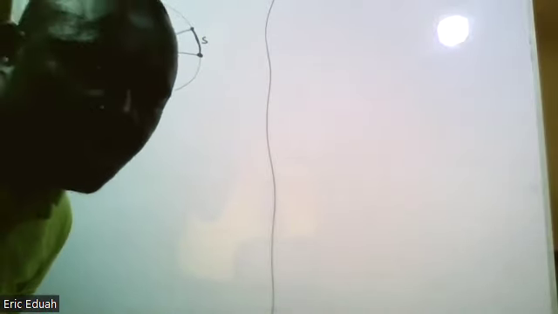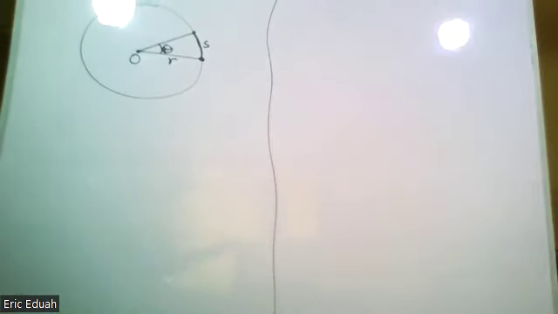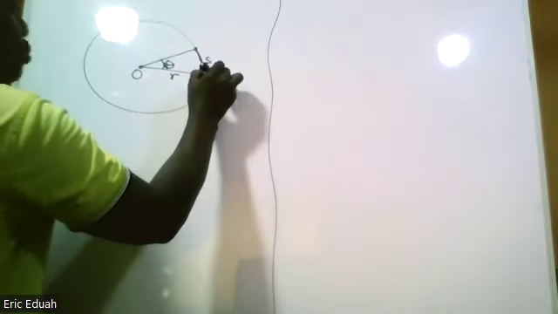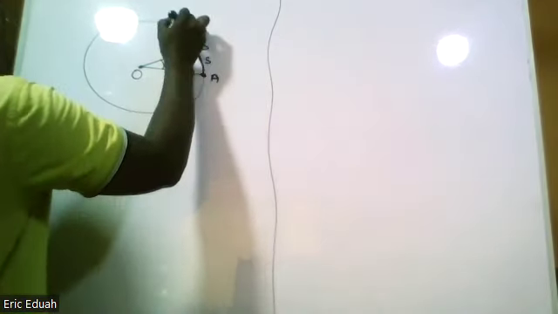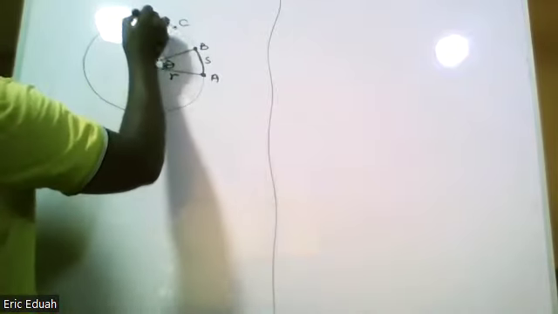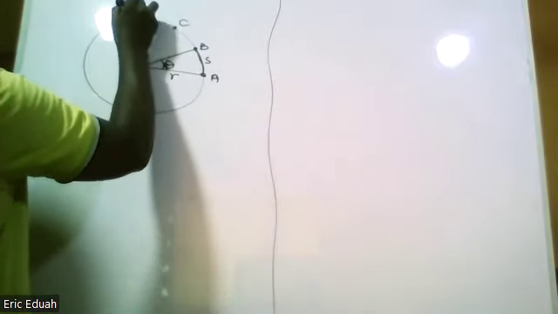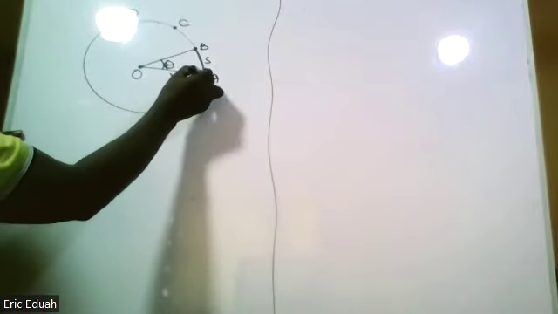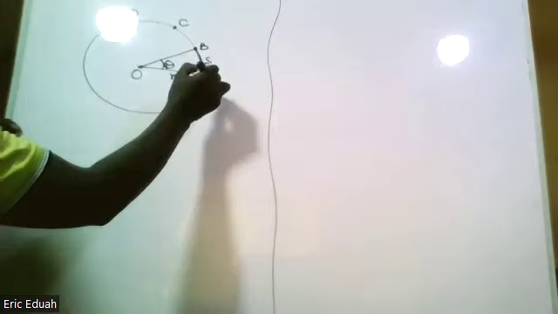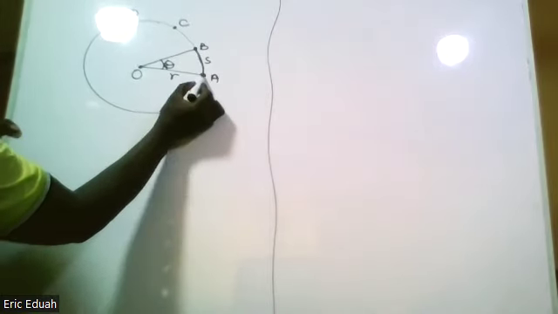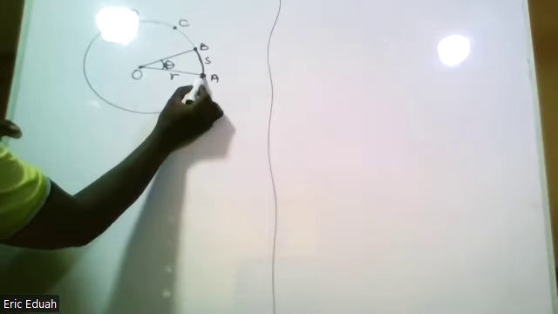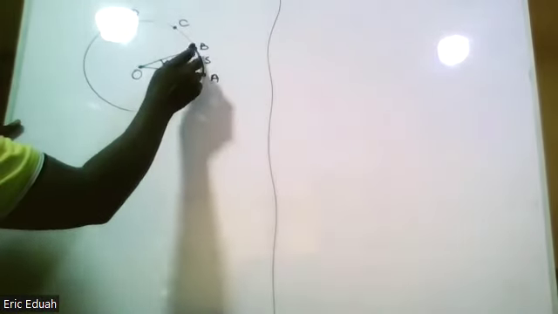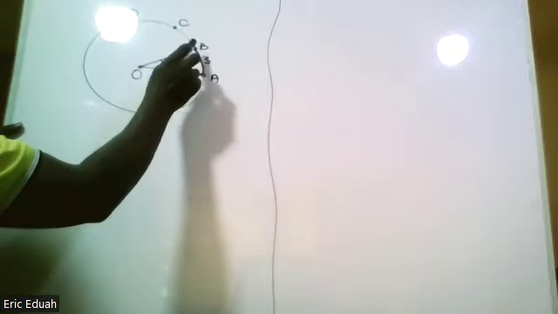Now, when the body continues to move within the circle, from A to B, B to C, C to D, on and on, you realize that the time taken for the body to move from A to B and the time taken to move from B to C will not be the same.